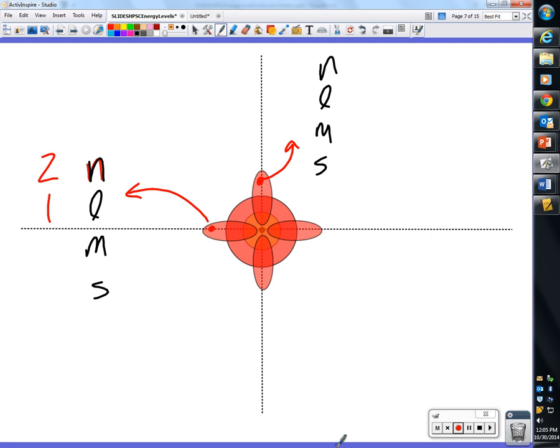Okay? Is it different? What principal energy level is this one in? 2. What shape of an orbital is this one in? Petal, p orbital, means that L gets a value of 1.